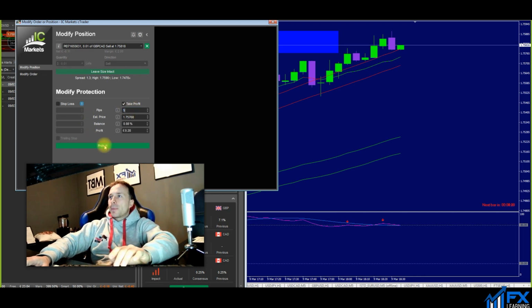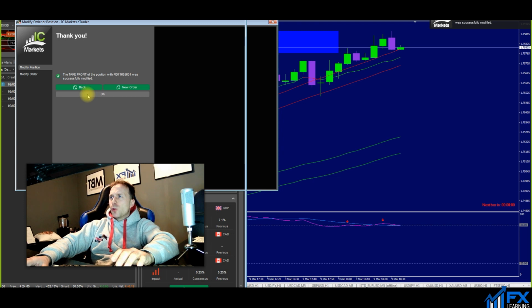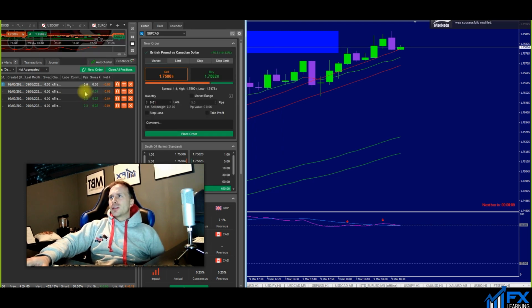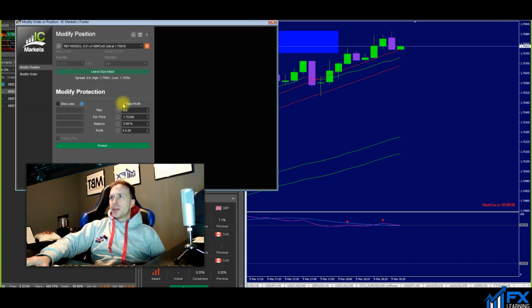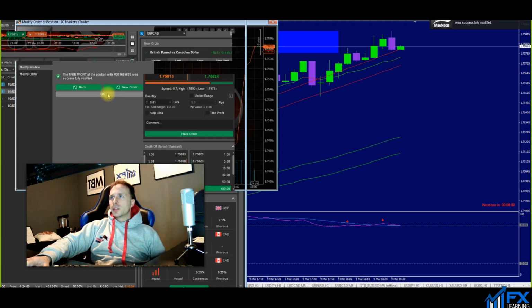So let's set all these to 5 pips like this, when my computer decides it's going to work today. For some reason my computer's been very slow. 5 pips. There we go.